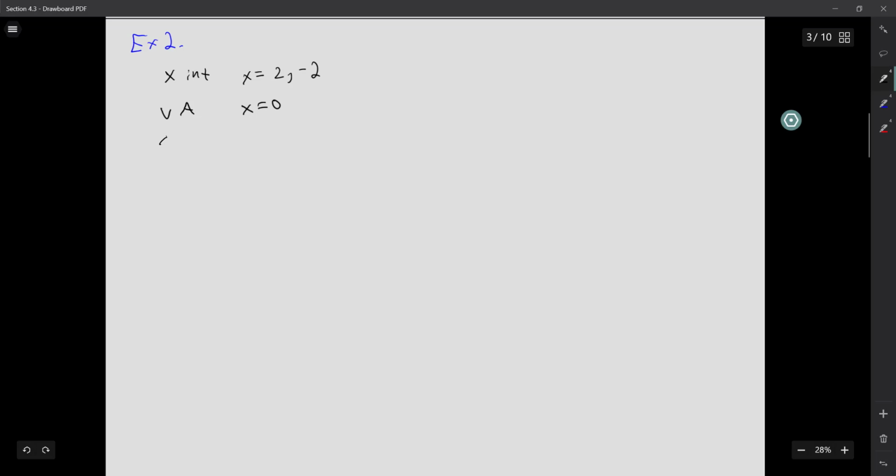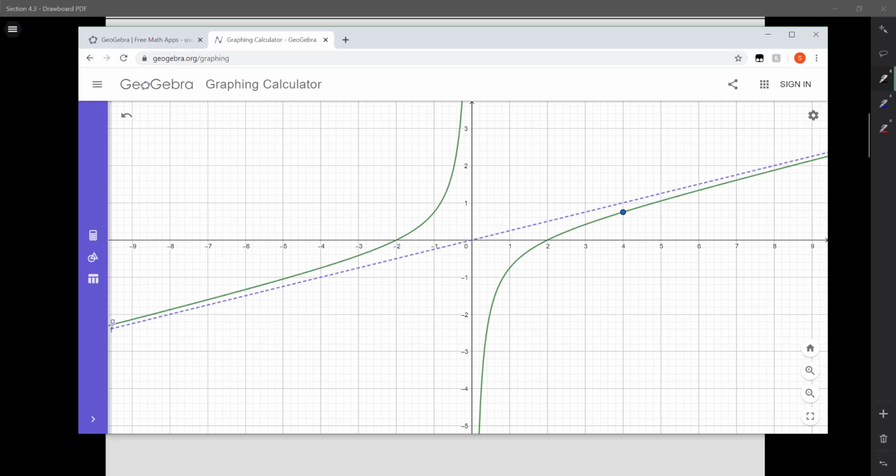So let's say my slant asymptote is y equal to 1 over 4x. Or I could say x divided by 4, whichever you prefer. But I have a y-intercept of 0 for that asymptote.